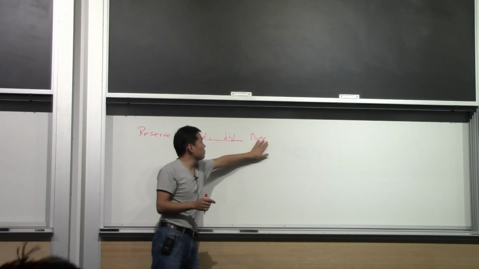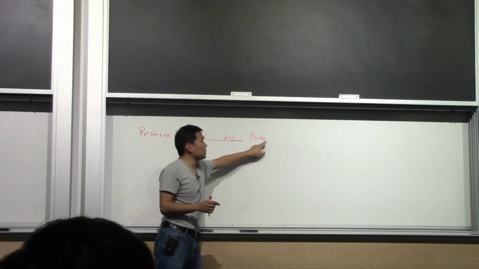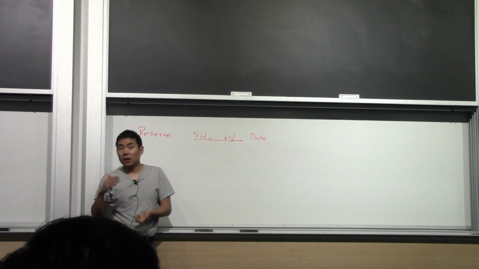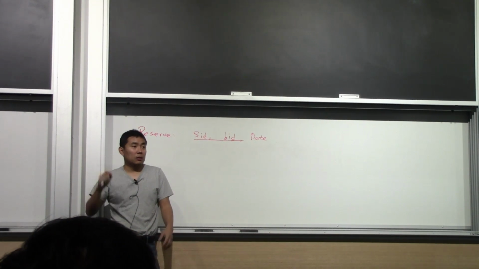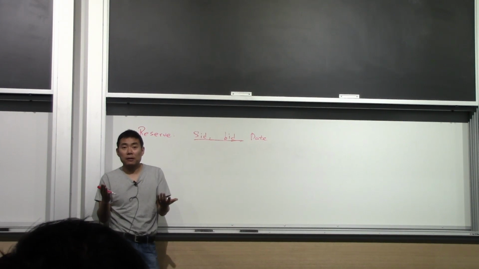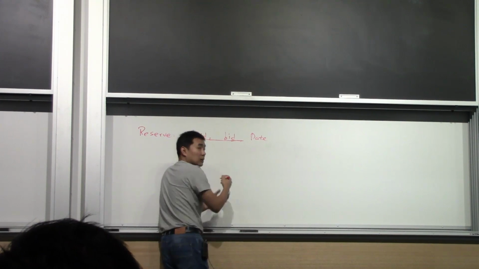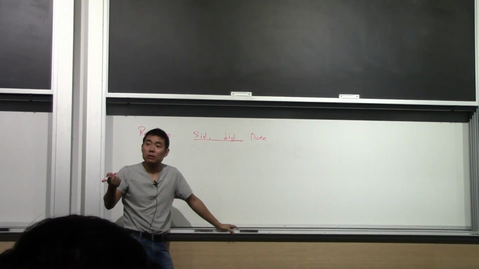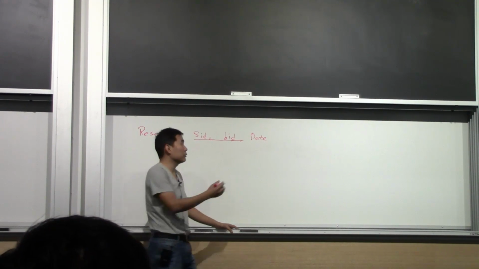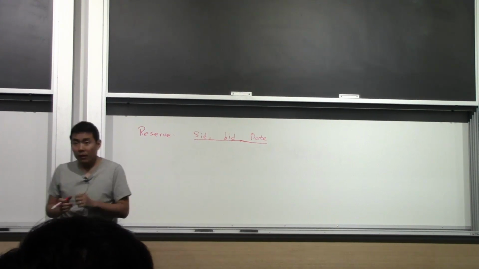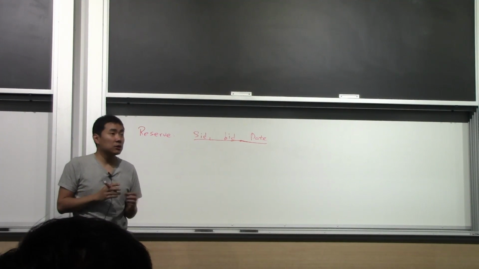If you had only sailor ID and boat ID as your primary key, that would mean the same sailor can only reserve the same boat once in the history of his or her reservations in this sailor club. But obviously, in most real-world scenarios, you can reserve the same thing multiple times on different occasions. So we make the whole thing a key. Okay, so that's the schema of the reserve table.